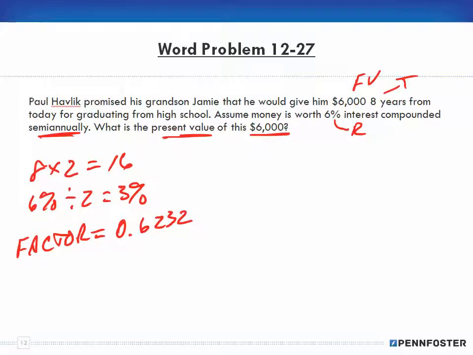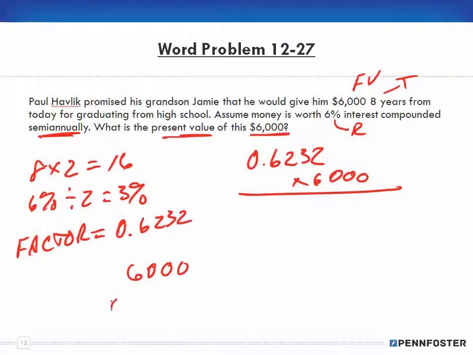Okay, so all I need to do is then take the 0.6232 and multiply it by the $6,000. Now notice that I'm doing it this way. I could have said 6,000 times 0.6232, but if I do the math by hand doing this, then I end up with a lot of extra math.